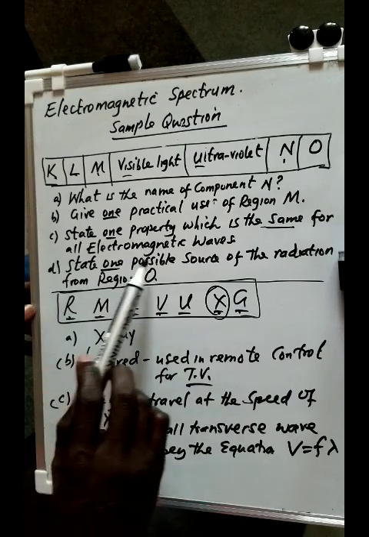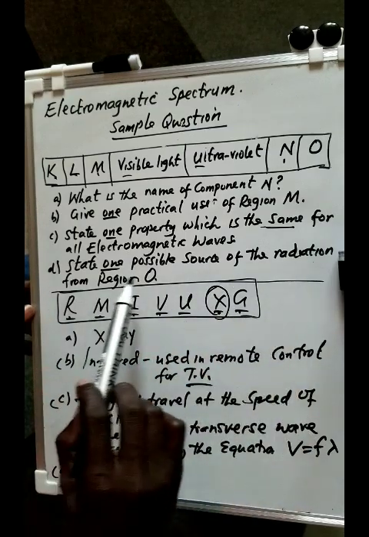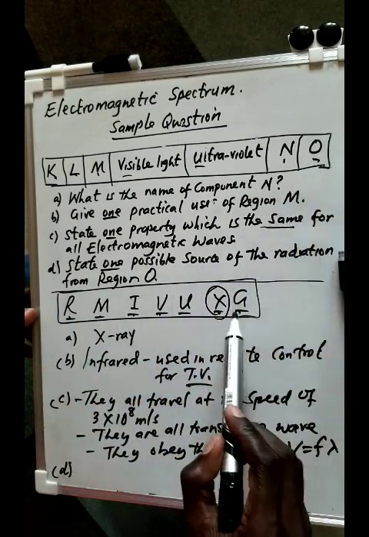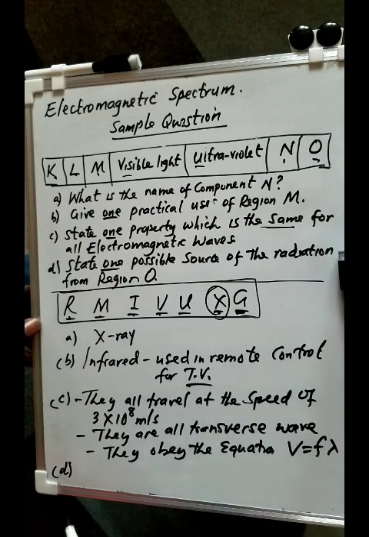Then this says, state one possible source of the radiation from region O. That region O is representing gamma rays. So where can we get gamma rays? Usually you can get gamma rays from radioactive substances, like cobalt-60.